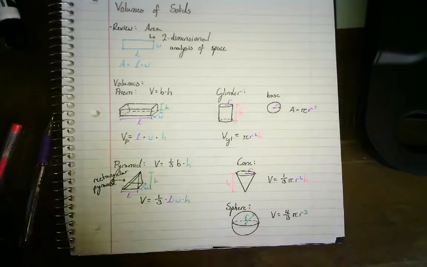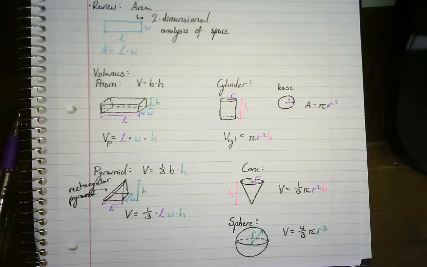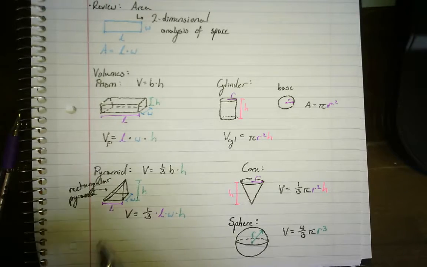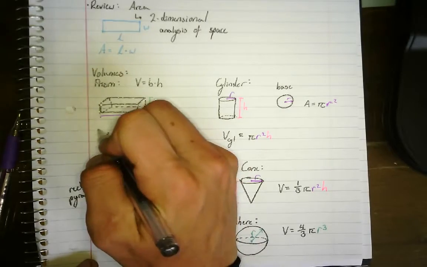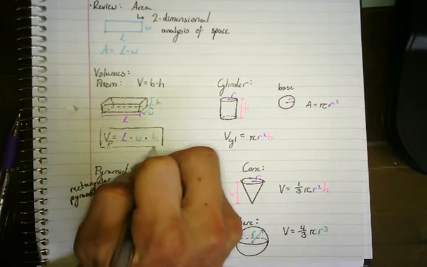Okay? So that's all there really is to this first video, just reviewing some good to know formulas in order to find these volumes. Once again, the volume for a prism is base times height. Specifically for a rectangular prism, it's length times width times height.